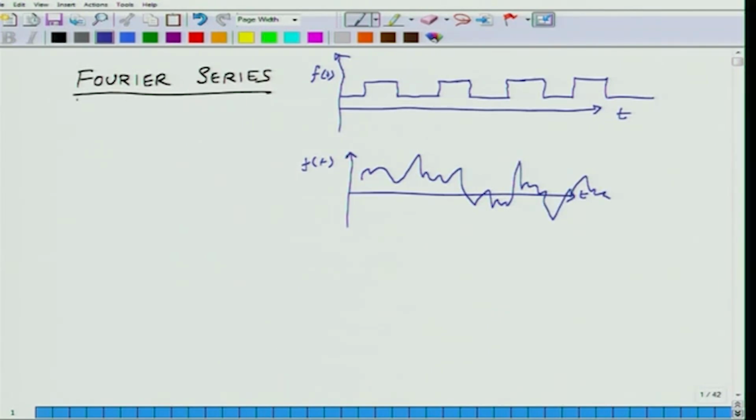So this whole concept of Fourier series is applicable to this class of functions which are periodic functions. Fourier series is not applicable to non-periodic functions.